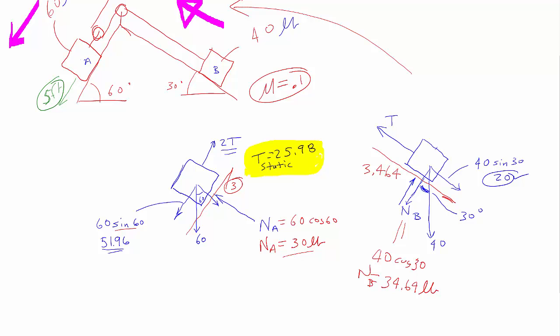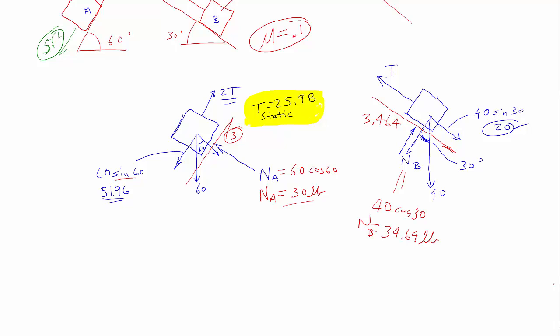Now I've got all my forces here, so let's go through this. Okay, I'll change colors. What I have is mAgHA1 plus mBgHB1.